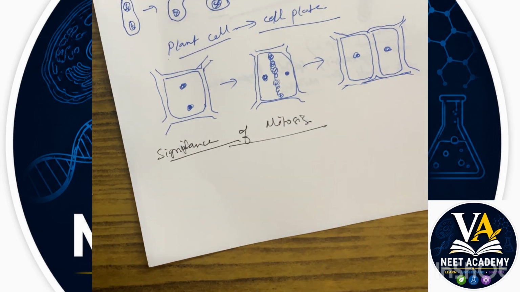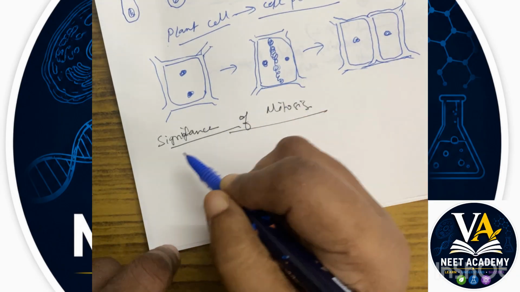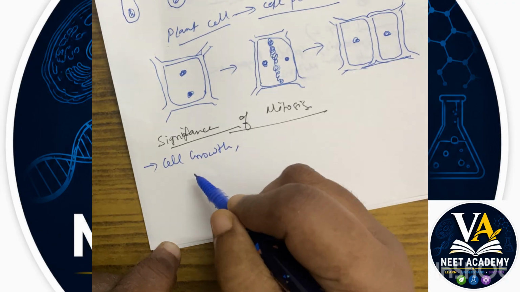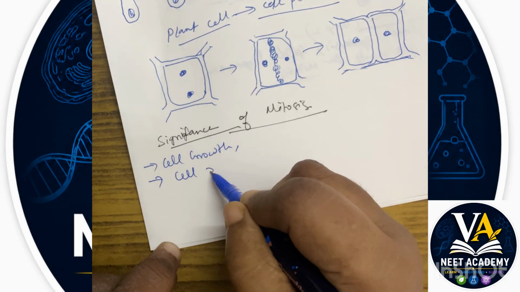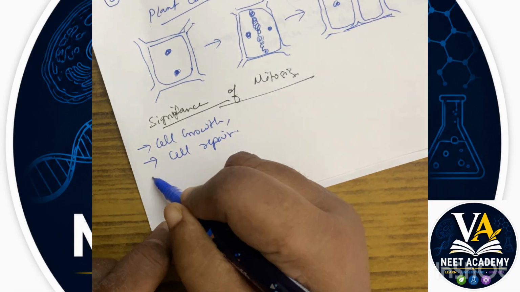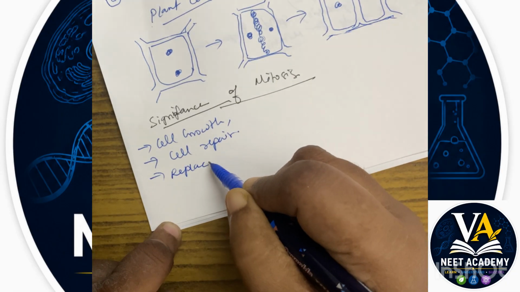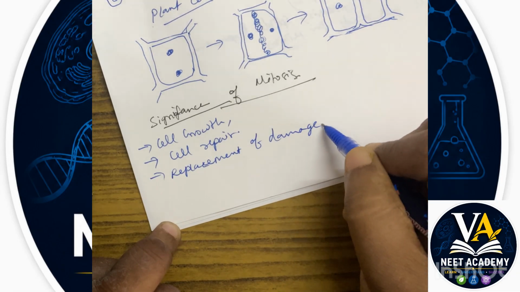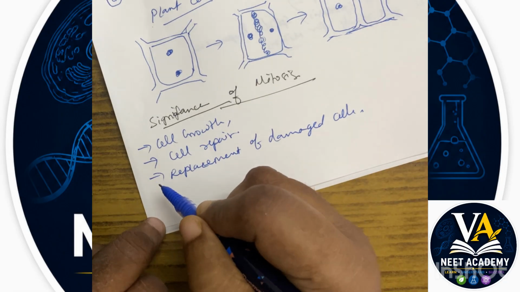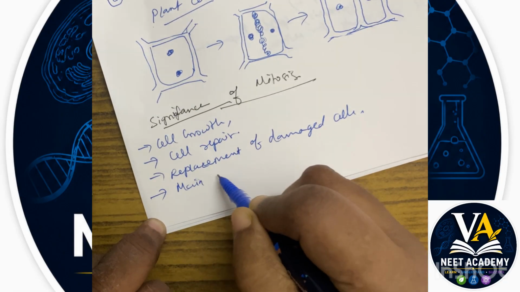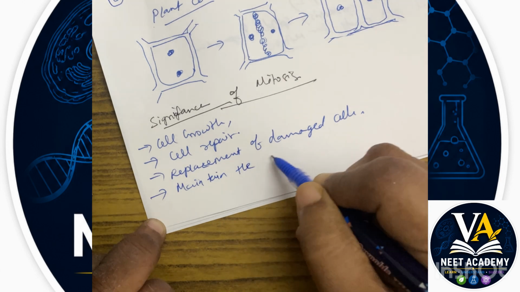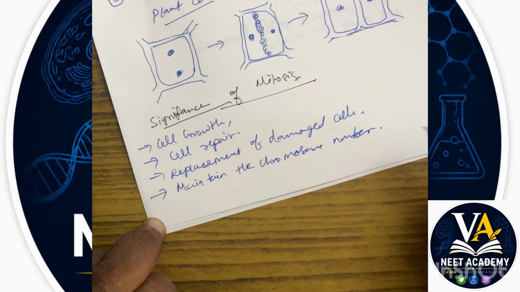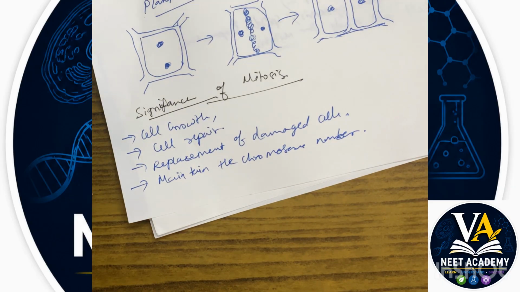Its significance is that it helps in cell growth, it helps in cell repair, replacement of damaged cell, and also to maintain the chromosome number. So, these are the significance of the mitosis.